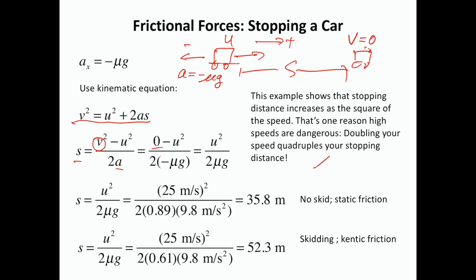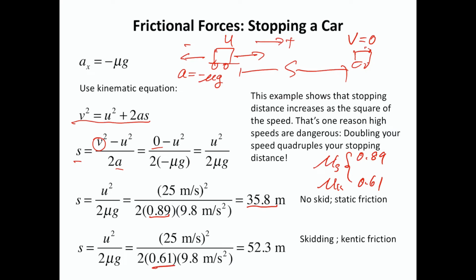Remember, you have two numbers. One is static. One is what? Kinetic. What is the static? The static one is 0.89. Kinetic is 0.61. So if you use static, 35.8. Yep.